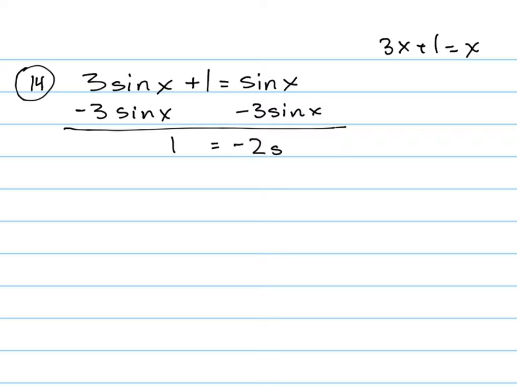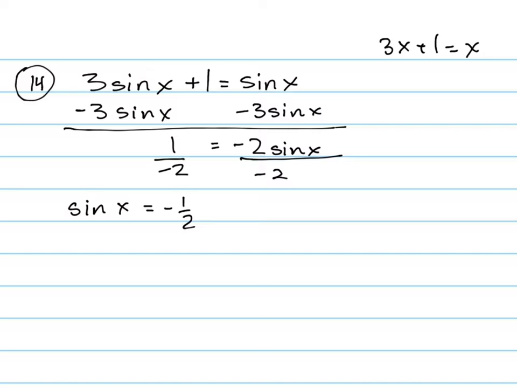Negative 2 sine of x. And now how do you get the sine of x by itself? We're going to divide by negative 2. So the sine of x equals negative 1/2.